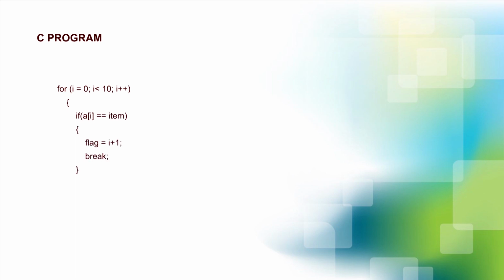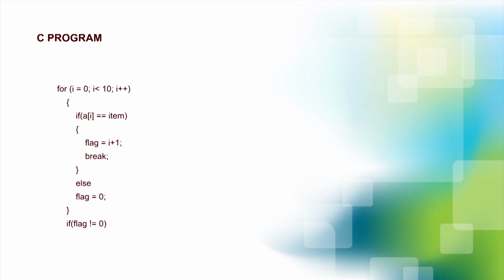You can use a while loop also, but with the for loop you can operate more easily. Inside the brackets you put the pointer I at the lower bound address, that is 0, because the indexing of any array starts from 0. So, I equals 0, the condition I less than 10, and then I plus plus.